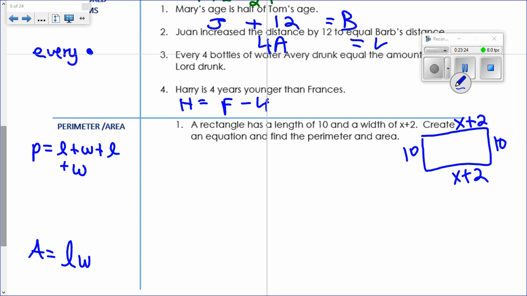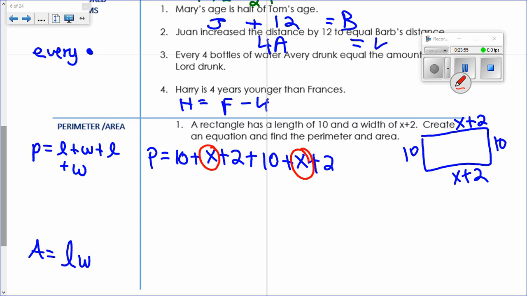So if I want to find the perimeter, I just add the whole thing together. Add all the sides together. P equals 10 plus x plus 2 plus 10 plus x plus 2. How many x's do I have? Go through and circle them. Circle your x's. 2 x's.